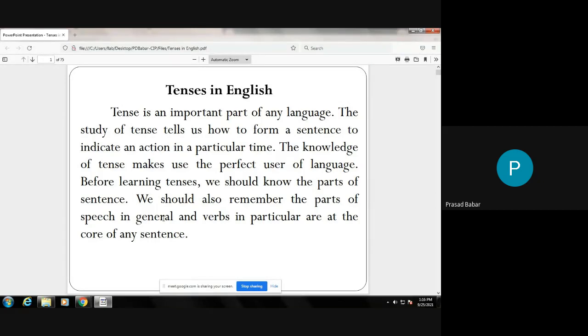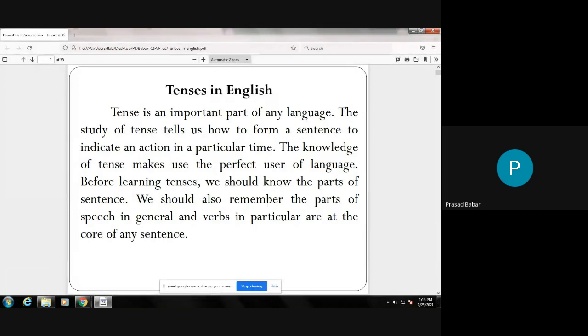We have been learning the parts of speech for the last 20 days, and we know what the parts of speech are, how many they are, and what their uses are. Okay, and how we use them in a sentence. So we have studied them, and that is why we use these parts of speech in general to construct the sentence.